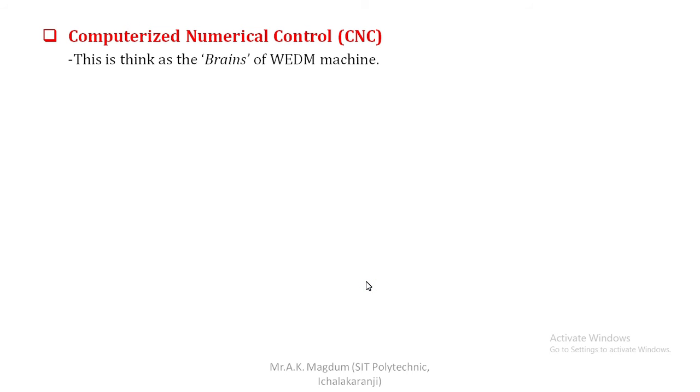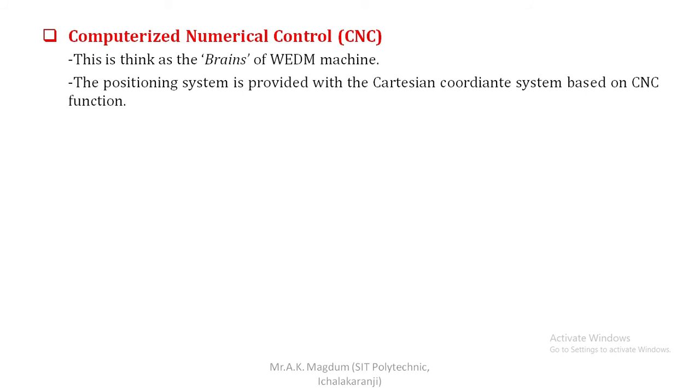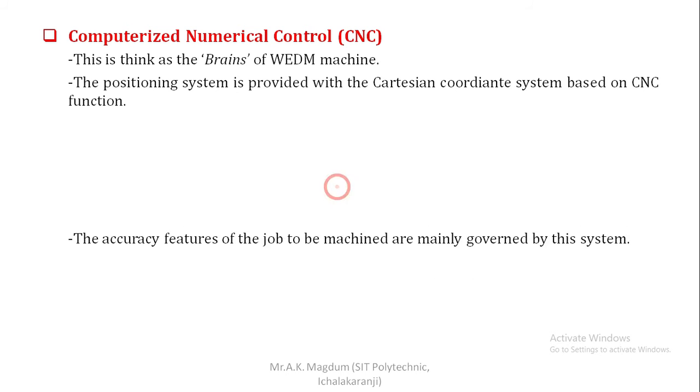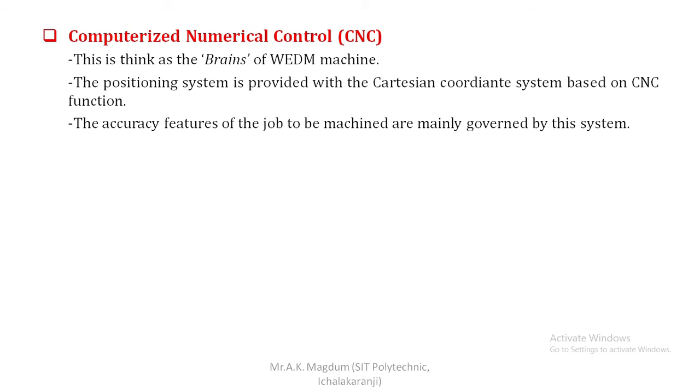First of all, computerized numerical control. This is the brain of the wire EDM machine. Next, the positioning system is provided with the Cartesian coordinate system based on CNC function. Just like how the tool travels in a CNC machine, the same Cartesian coordinate system is generally used for wire EDM machining also. Next, the accuracy features of the job to be machined are mainly governed by this system.